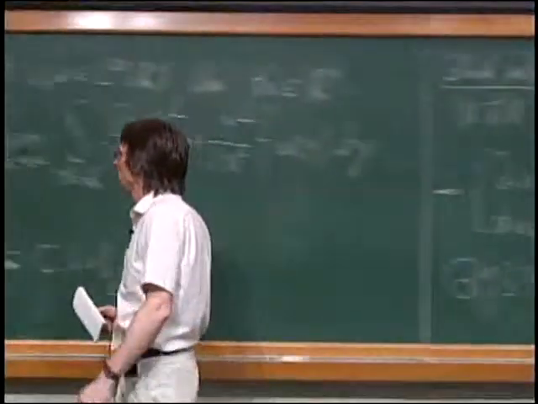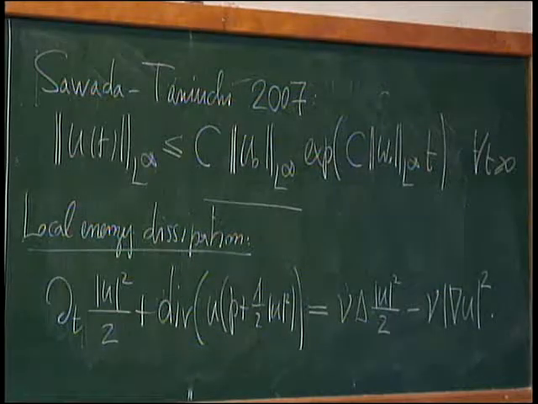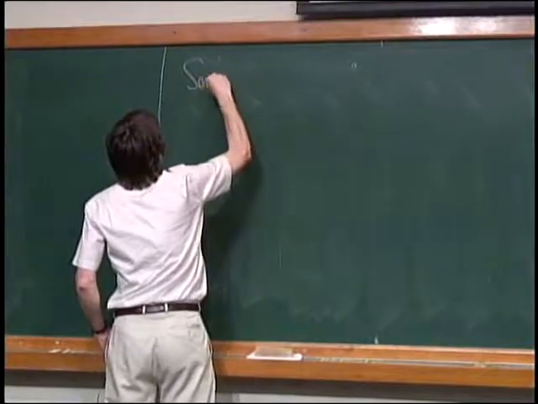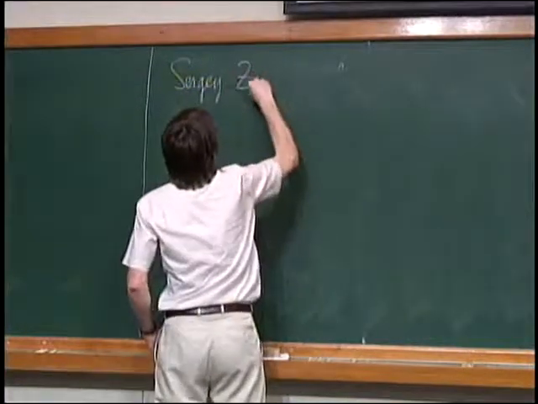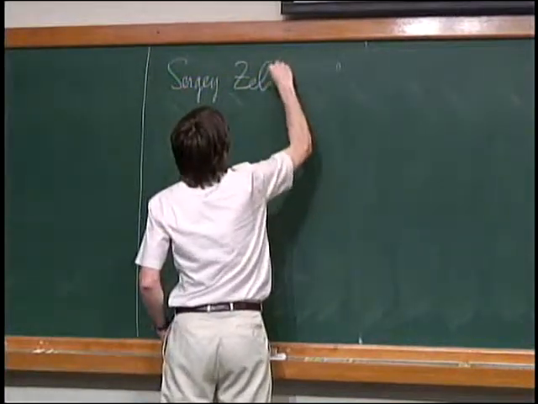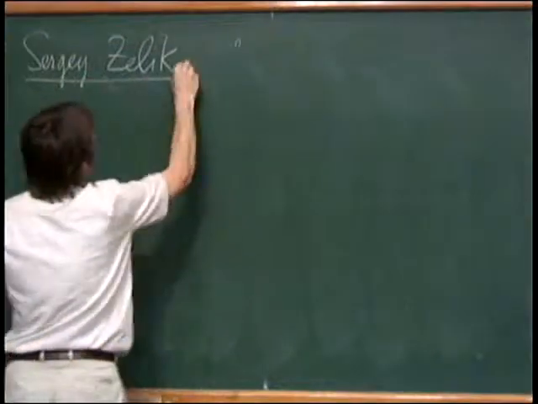So all that has been done recently in a very nice preprint, no, it's nearly published now, a very nice paper by Sergei Zelik from the University of Surrey in the UK.